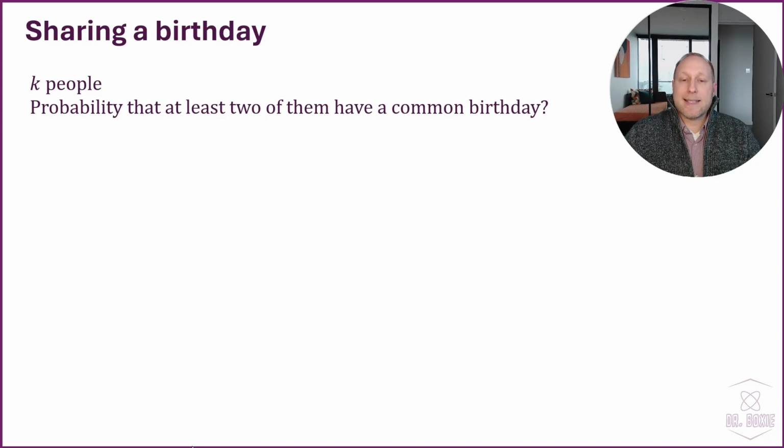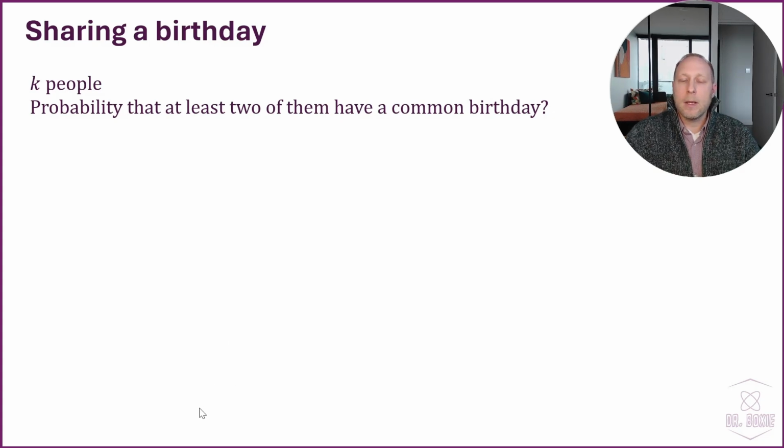Well, the sample space is the set of all the days in a year. And to make our life simple, I will forget about leap years. So there are 365 days in a year, so 365 elements in the sample space. And I will assume that the probability of having a birthday on each of those 365 days is exactly the same.